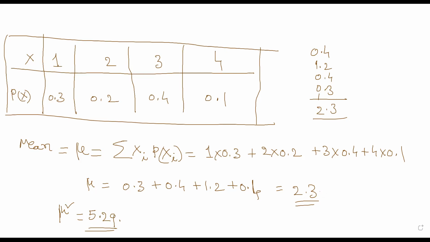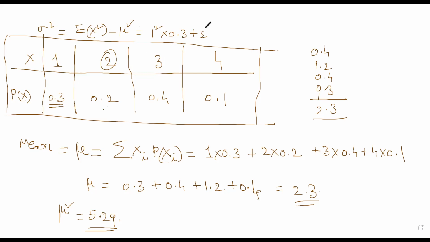After finding the mu square, what you have to do is find sigma square. It is given by E of x square minus mu square. So 1 square into p of xi, that is 0.3, plus you have to square it and multiply with this.